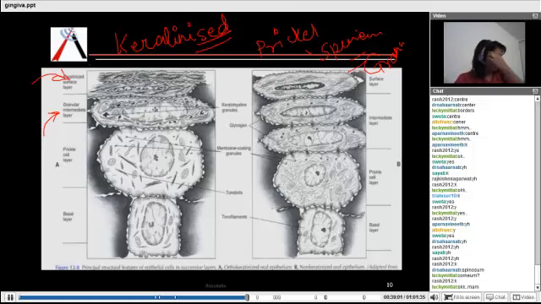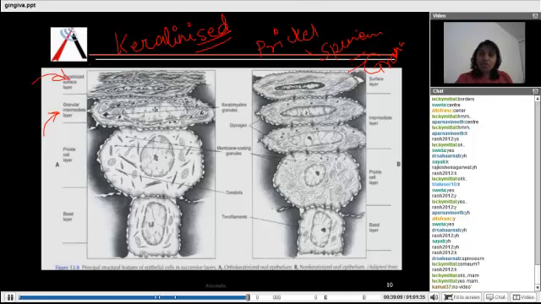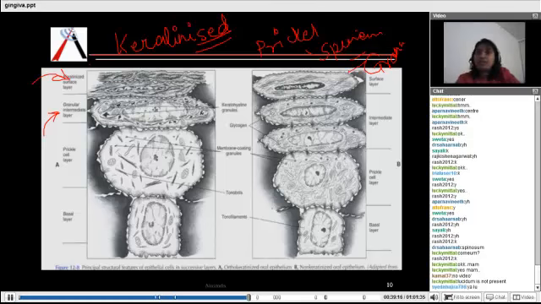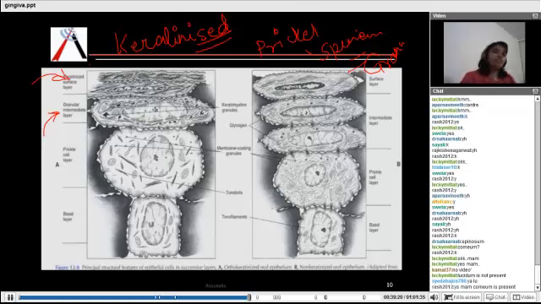You know what happens in skin? When we come to the horny layer, the upper part, there are two layers: the corneum and the lucidum. In lucidum there are clear cells, a clear layer that forms a protective layer on the skin. That lucidum is present only in the skin. The keratinized epithelium of the gingiva doesn't have the lucidum, and yes, its upper layer is called corneum. I'm sorry about that confusion.